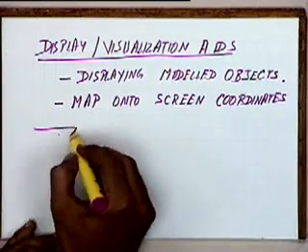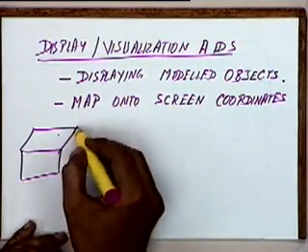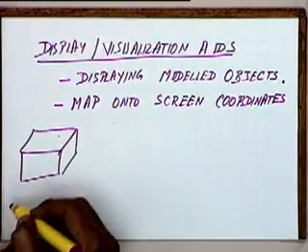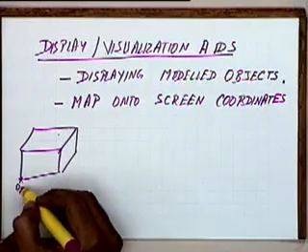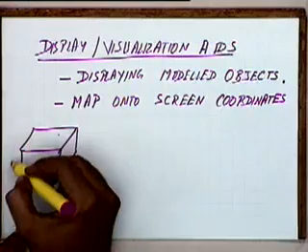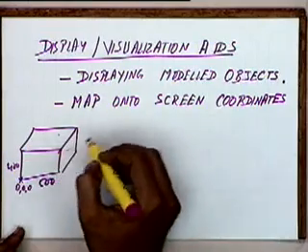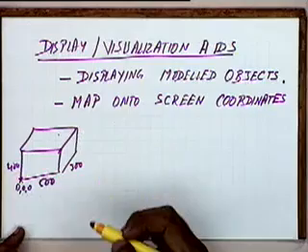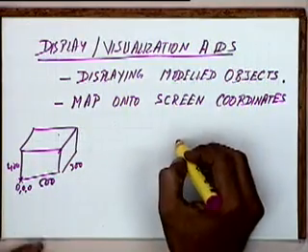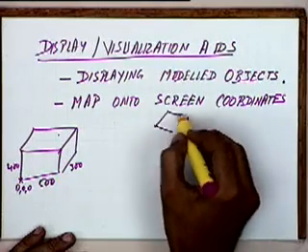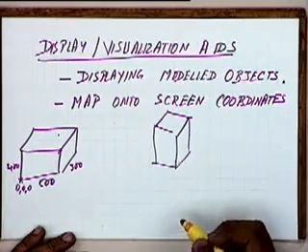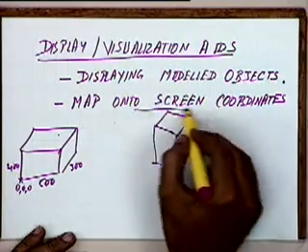That means if we have a simple block like this, let's say for this block I am taking this as the origin, the width is maybe 500, height is 400, and the depth is maybe 300. If I am taking a particular view, which may be, let's say, an isometric view, something like this, now this view has to be drawn on the screen.